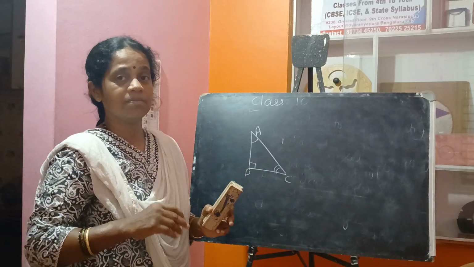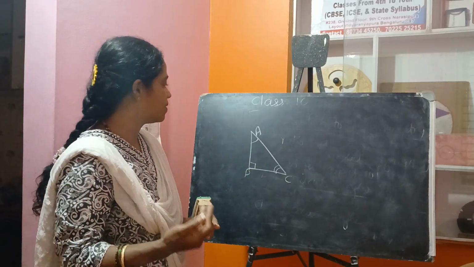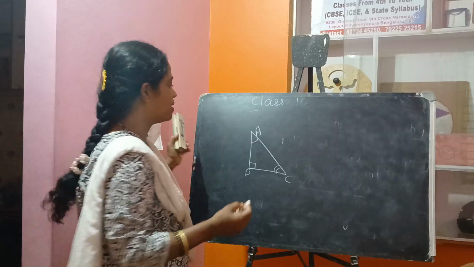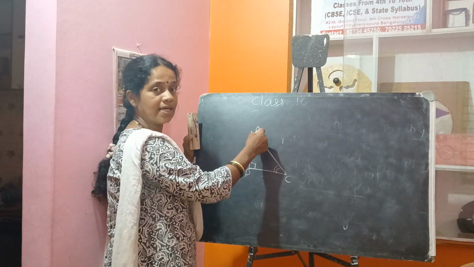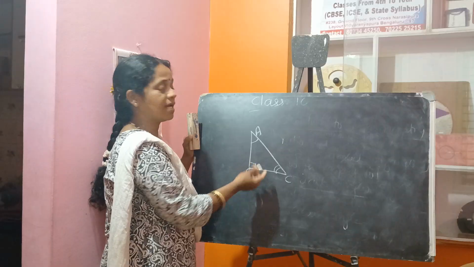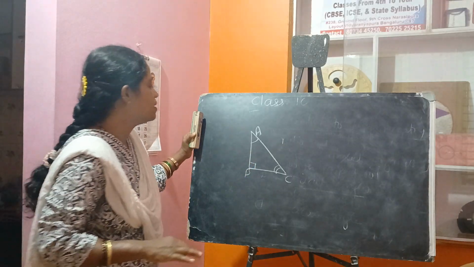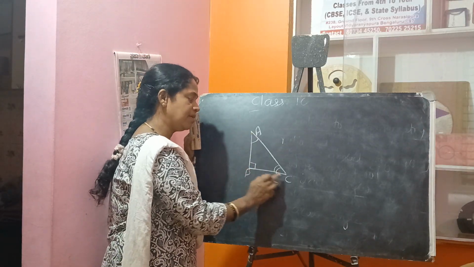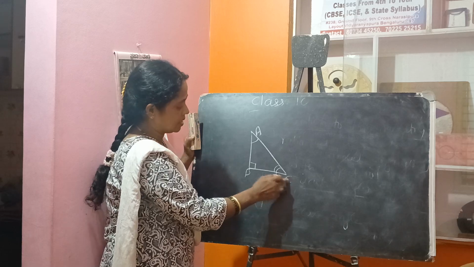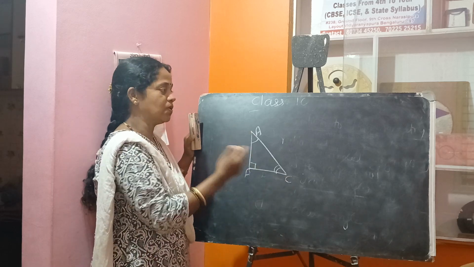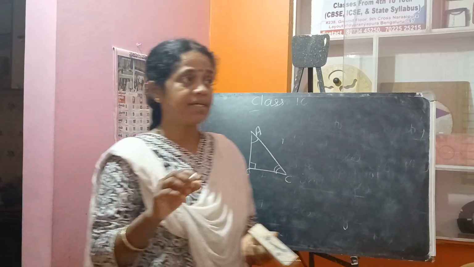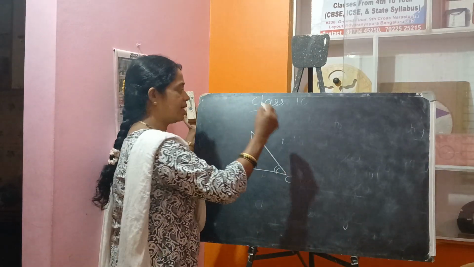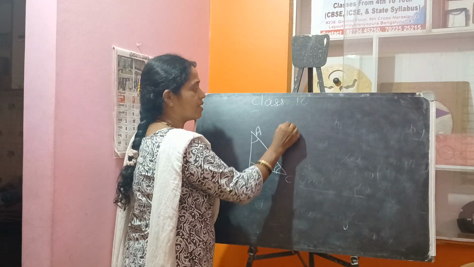So we can form the ratios in different ways, like AB by BC, BC by CA, CA by AB, and their reciprocals, AB by BC and CB by BA. So in total you can form 6 different ratios. Before going to that, I want to write all the 6 different ratios.